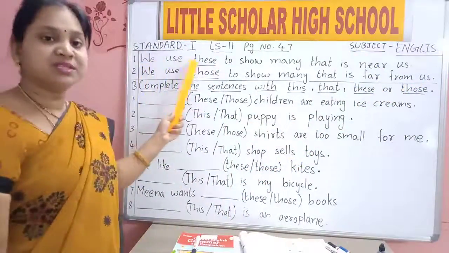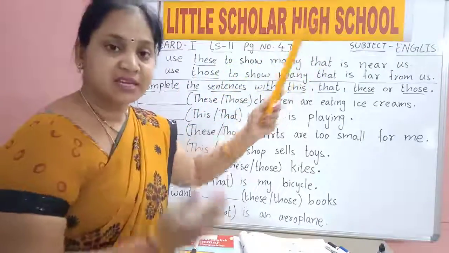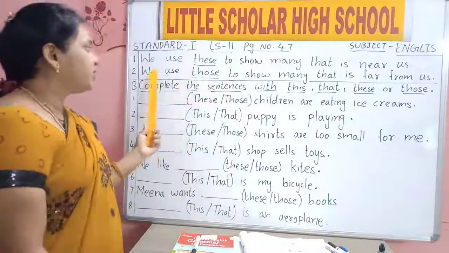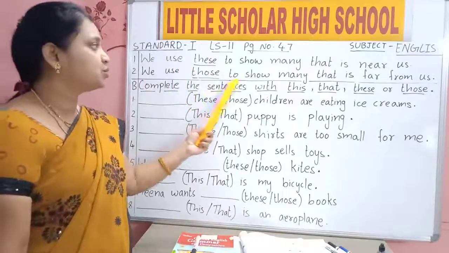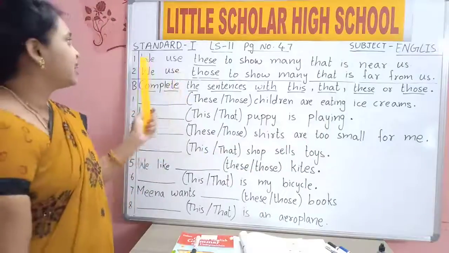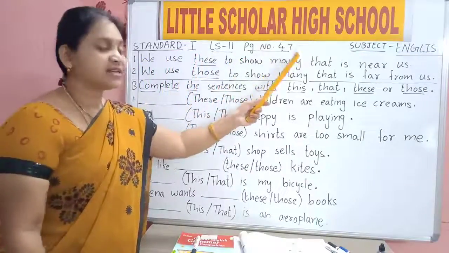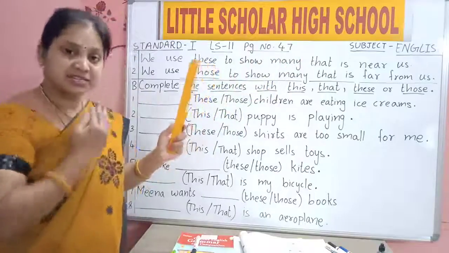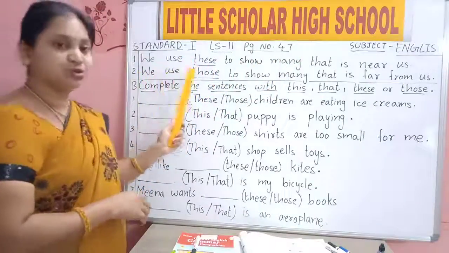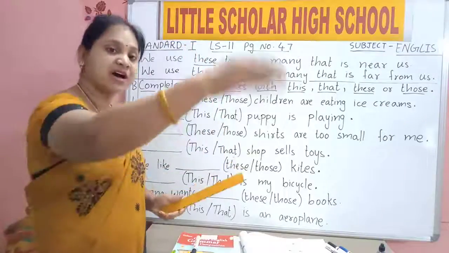We use these to show many that is near us. We use those to show many that is far from us. Come on, read. We use these to show many that is near us. We use those to show many that is far from us.